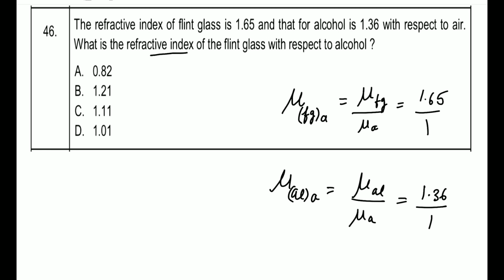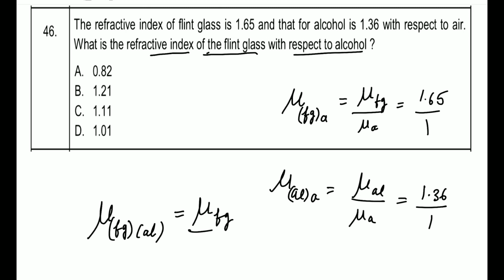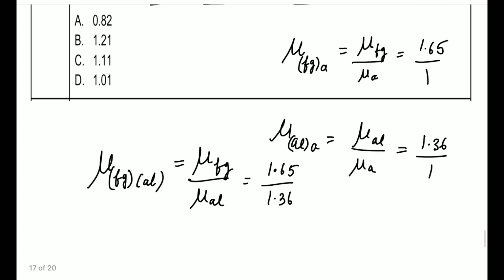Now the question is asking for the refractive index of flint glass with respect to alcohol. So can I write it like this: refractive index of flint glass divided by refractive index of alcohol? Yes. I know the refractive index of flint glass is 1.65 and of alcohol is 1.36.